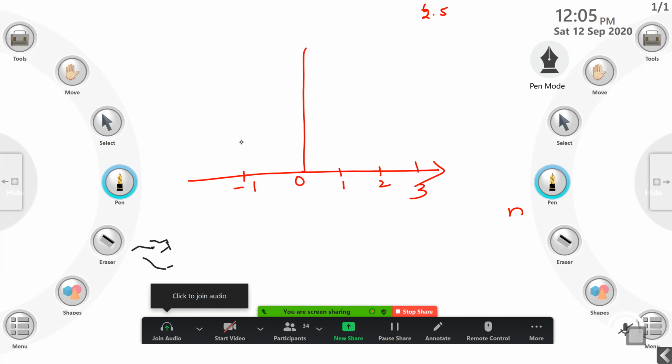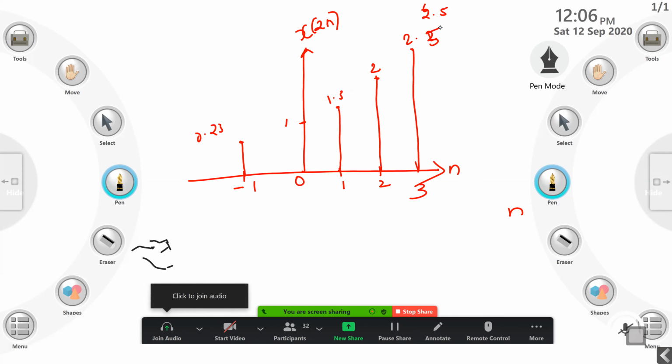The signal at 1 is same as that plotted earlier at 2, the signal at 2 will be same as that plotted at 4, and the signal at 3 will be same as that plotted at 6. So this is x of 2n versus n, and the amplitude here is 0.25, here 1, here 1.5, here 2, here 2.5.